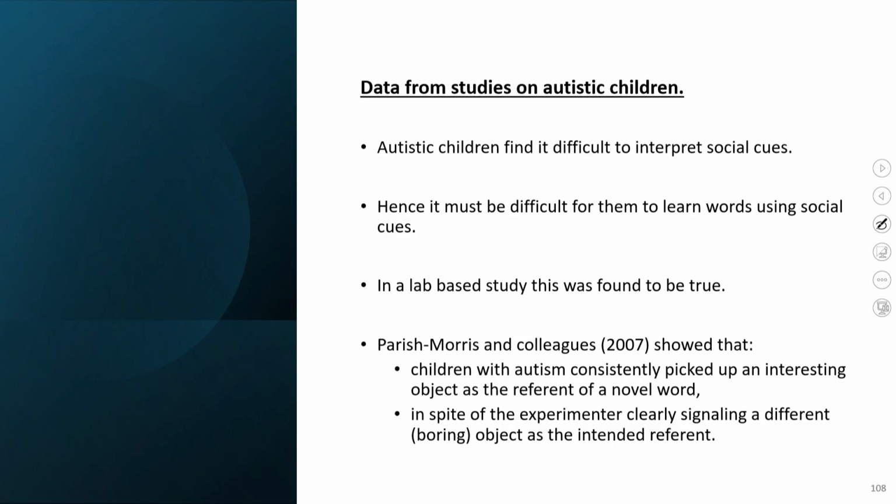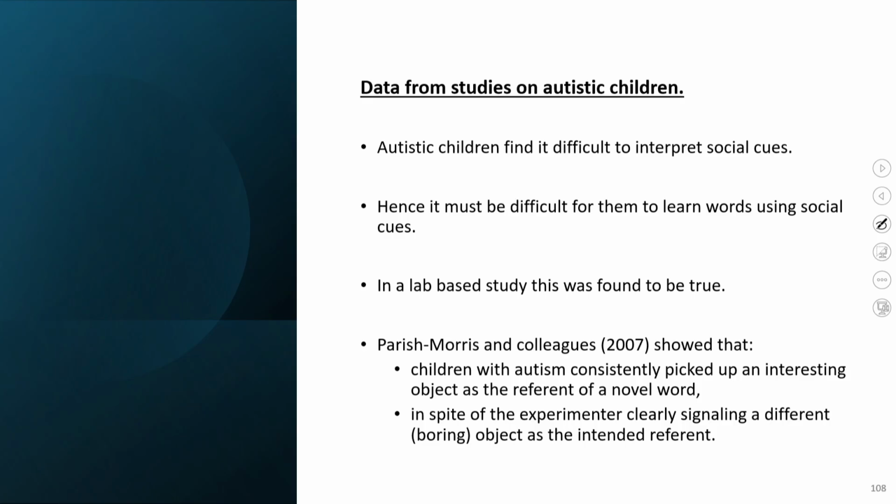Similarly, data from autistic children have also been used as a counter to the argument. We all know that they find it very difficult to assess social cues. In fact, one of the most important signs of children belonging to autism spectrum disorder is that they neither initiate joint attention nor do they respond to joint attention.